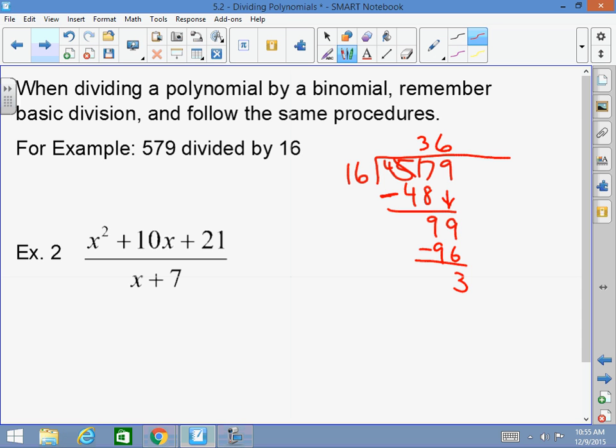And then I have a remainder of 3, right? So this remainder of 3 is 3 over the original divisor of 16, right? That's basic, right, guys? Same exact procedure. Does that make sense? Okay.